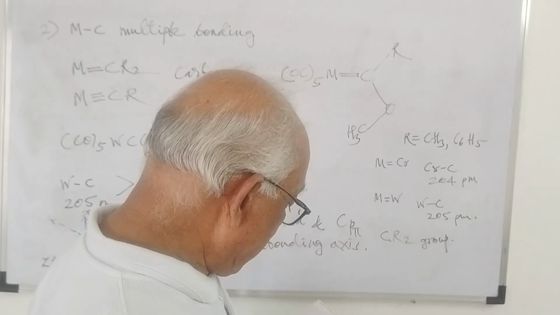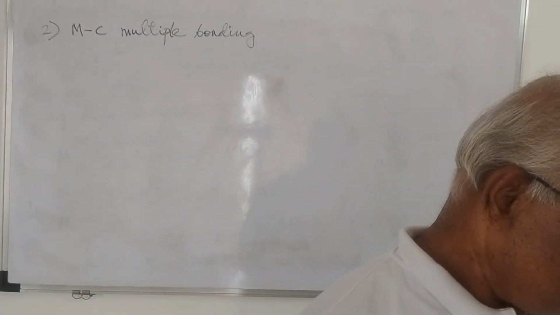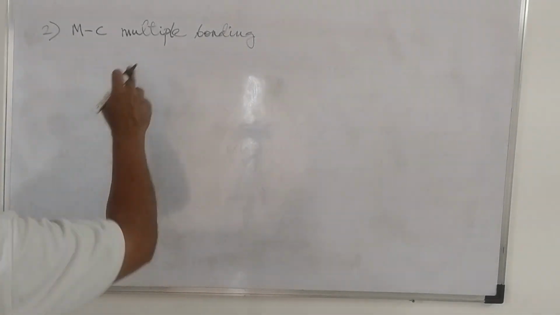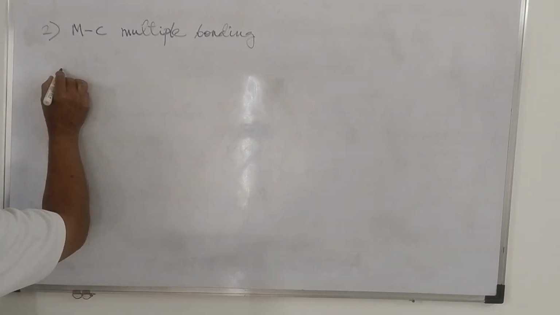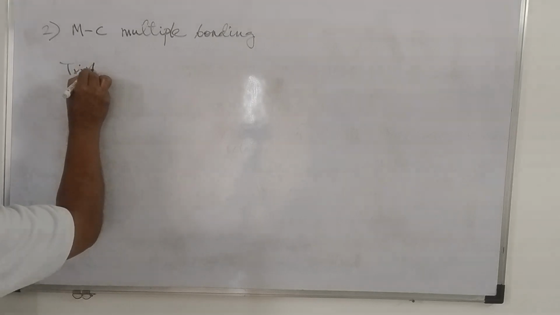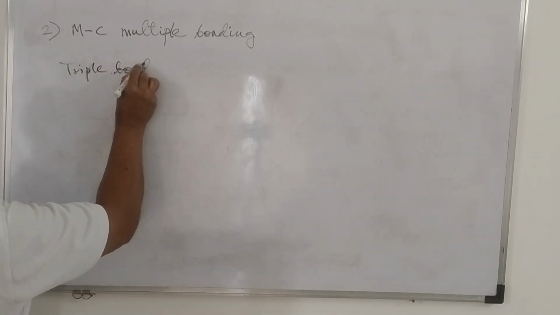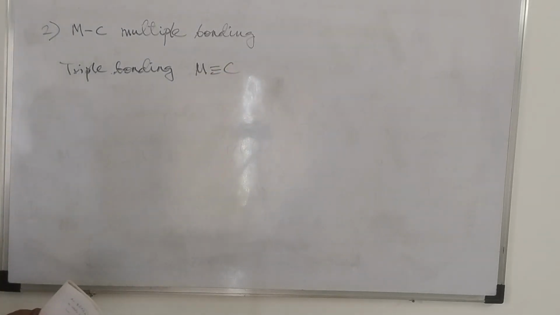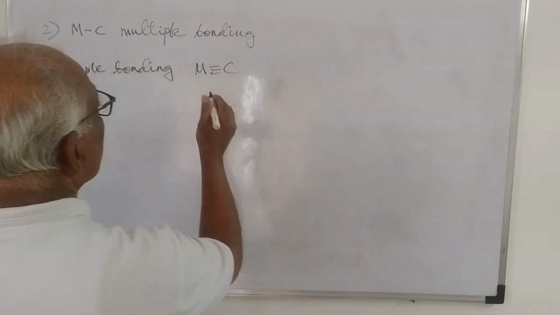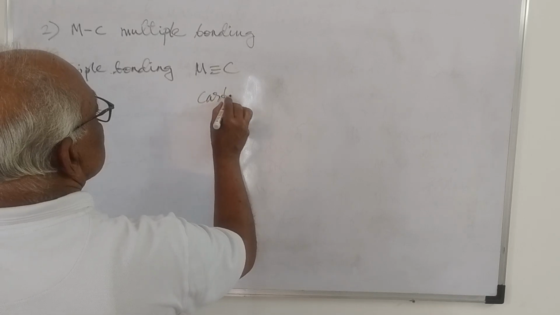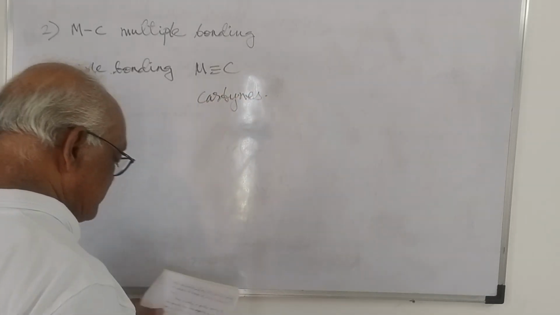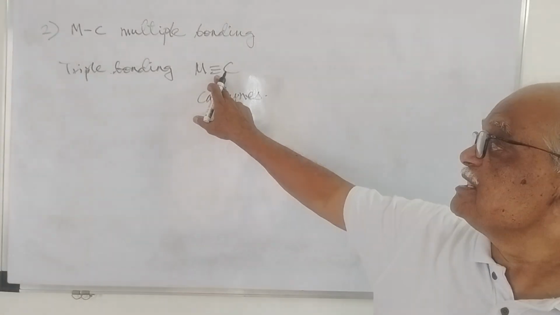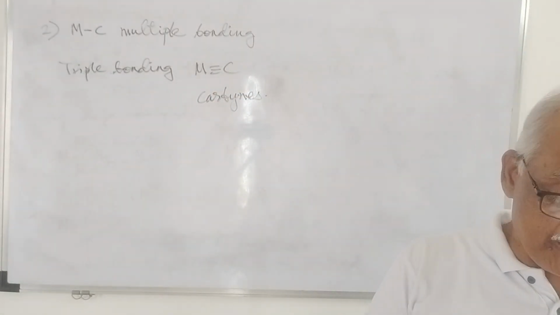Triple bonding. So we have seen by this time the double bond systems in multiple bonding. Now we will see triple bonding, that is metal-carbon triple bond systems. These are called carbynes. Now these carbynes will contain one sigma bond and two pi bonds.